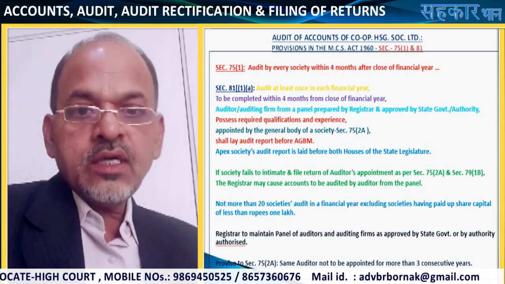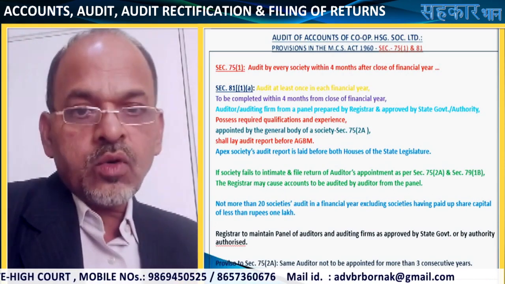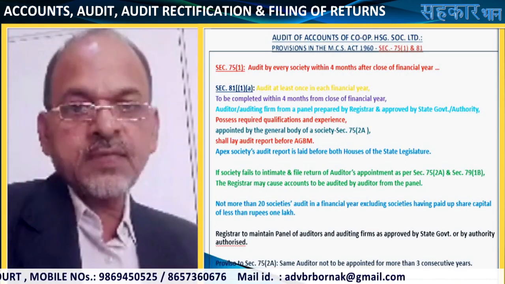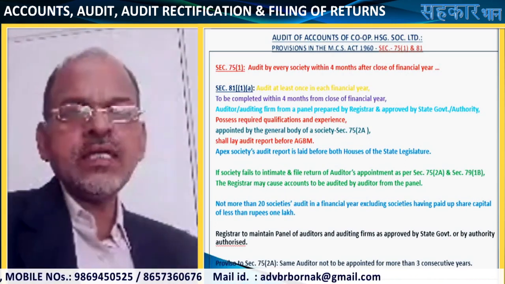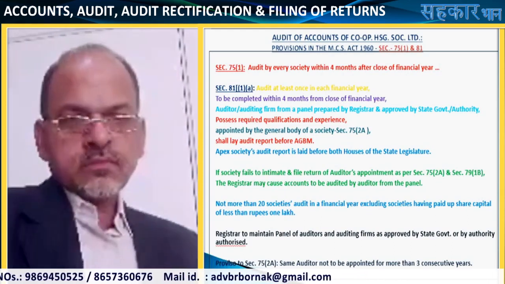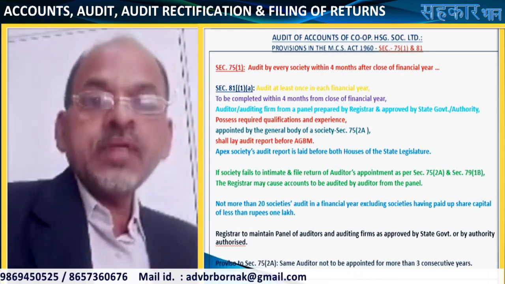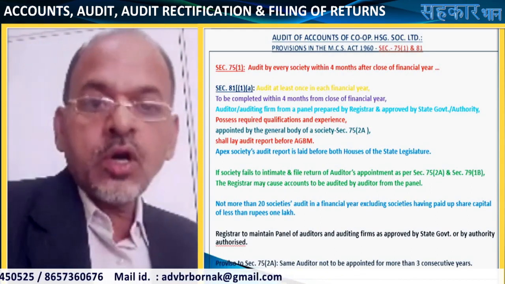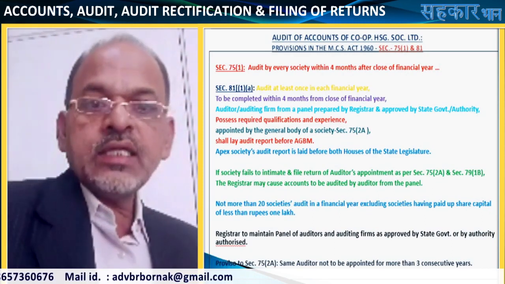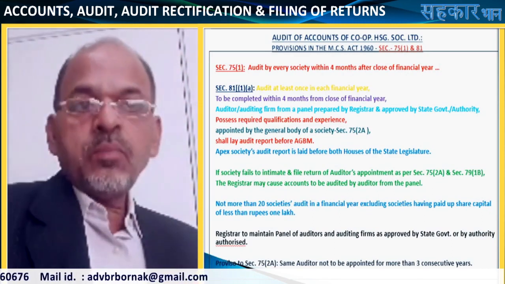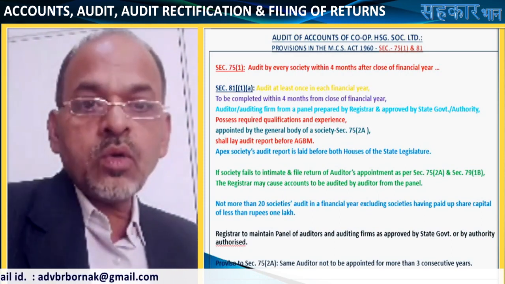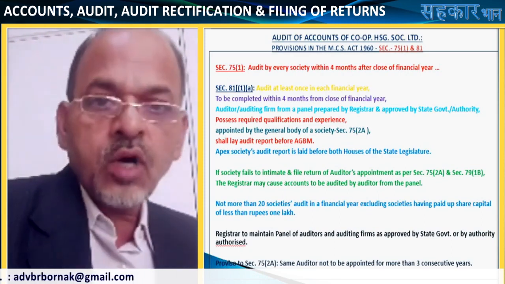The responsibility is of the society, the managing committee of the society. So the statutory period to get accounts audited from the statutory auditor of a cooperative housing society is 4 months after close of the financial year, that is on or before 31st July.